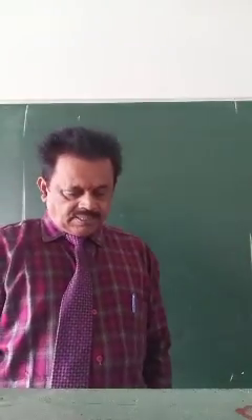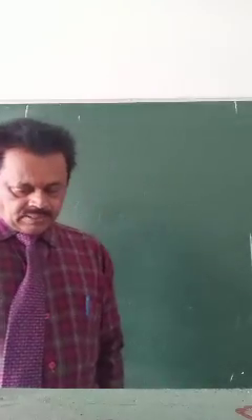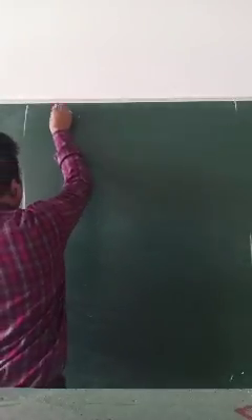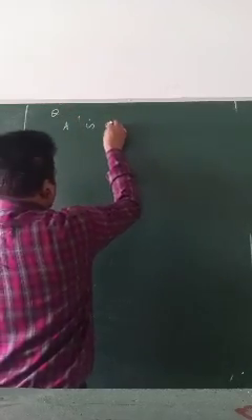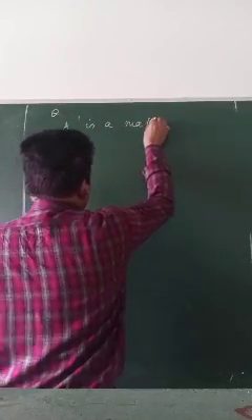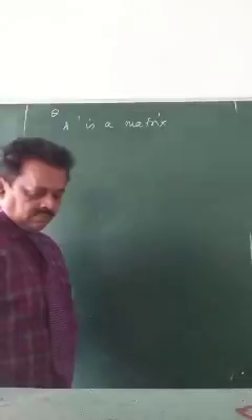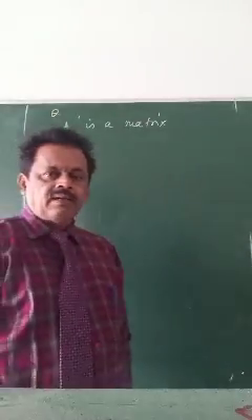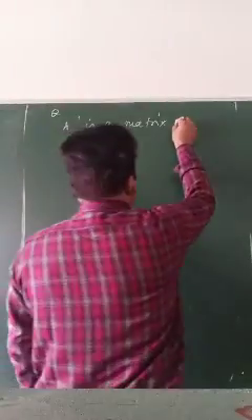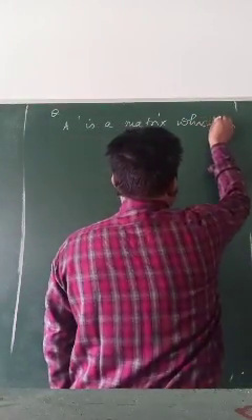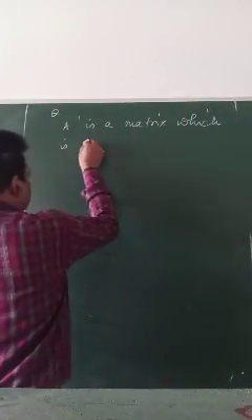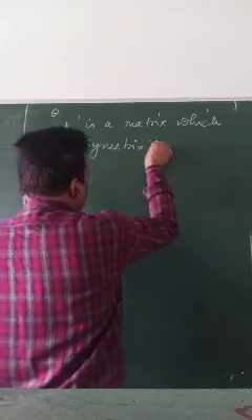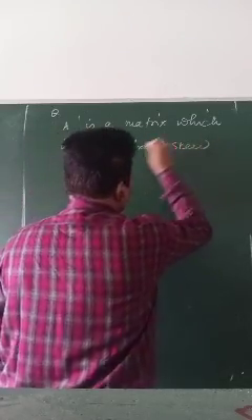Question: A is a matrix which is both symmetric and skew symmetric.